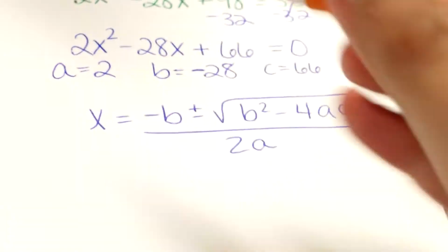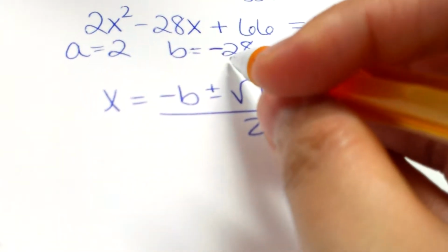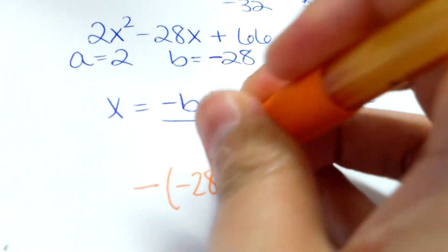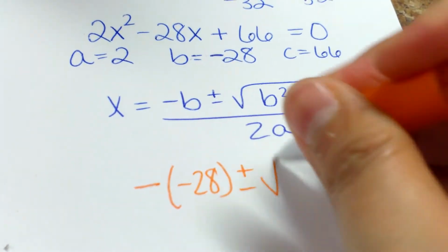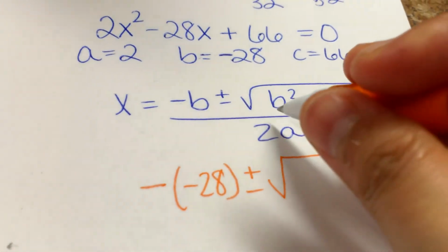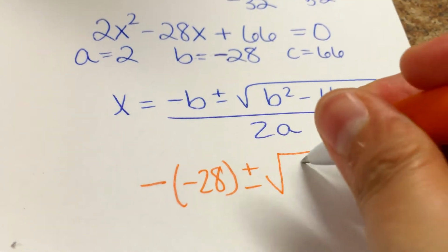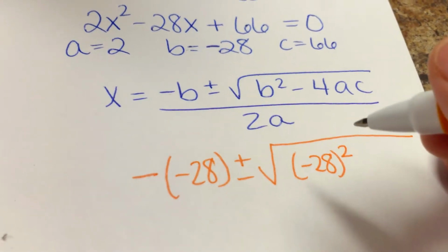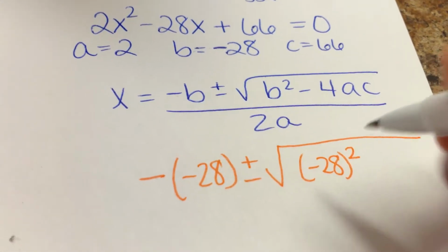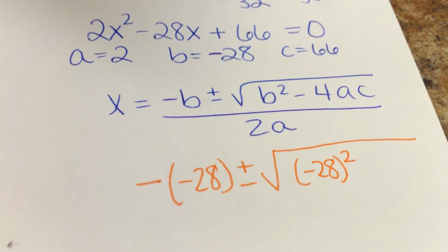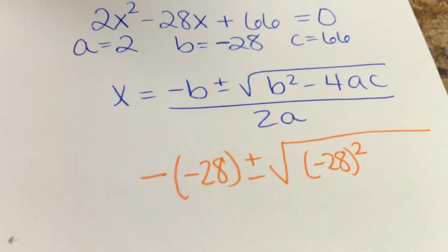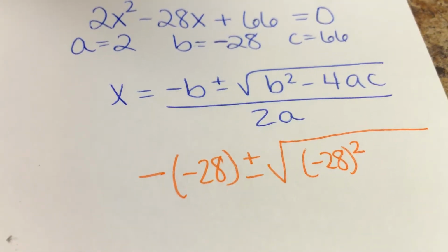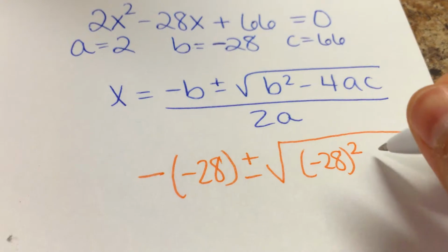So here I have negative, and then the b is also negative, so we have to put both. Negative 28 plus or minus the square root b squared, put it in parentheses, because if you do not put it in the parentheses, the calculator is going to give you a different sign as an answer. So I'll show you right now what I mean.